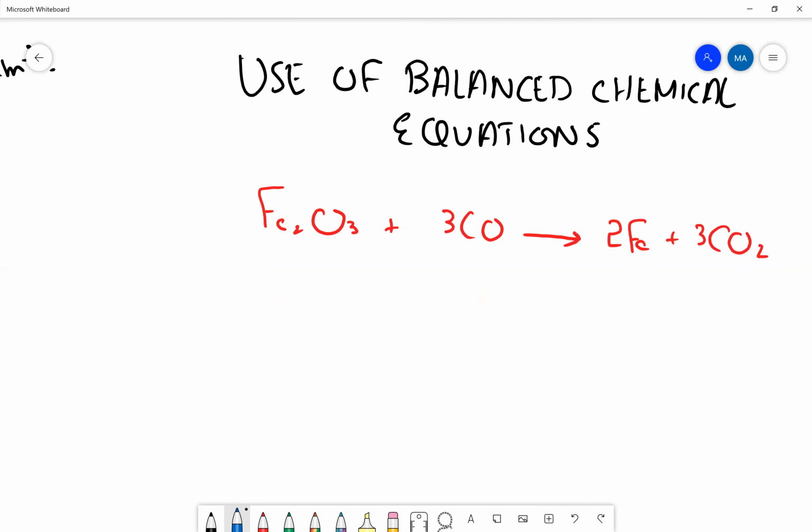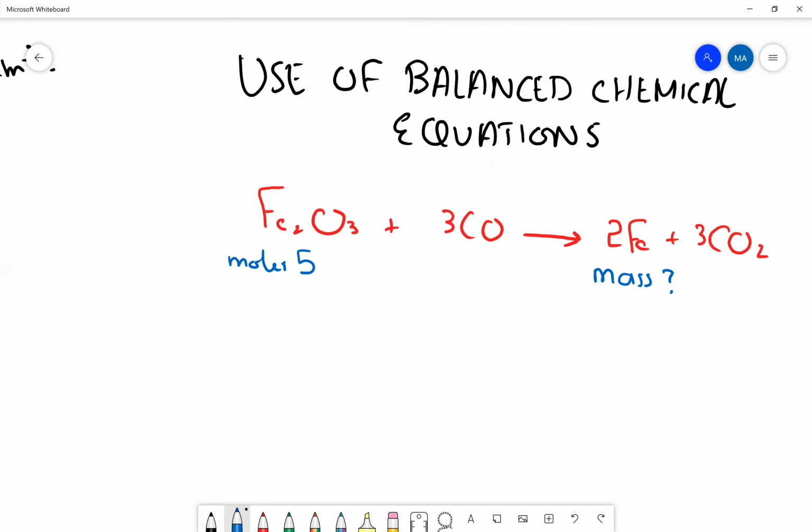So stoichiometry over here is that you identify all these coefficients properly. Let's say I tell you to find the mass of Fe, mass here is question mark. And let's say I tell you that the moles of Fe2O3 are 5.